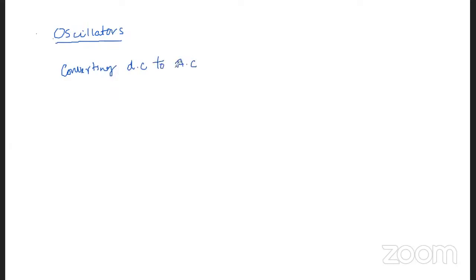An oscillator is a device which converts DC into AC. Therefore, we can also call it an inverter, because it is converting DC into AC.